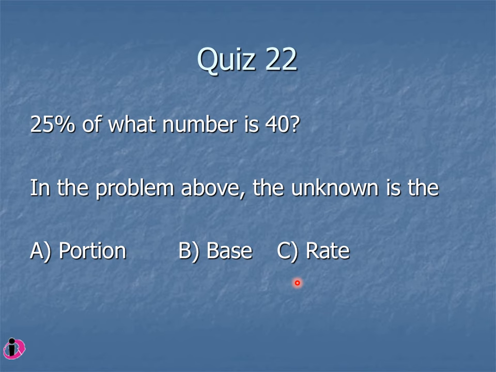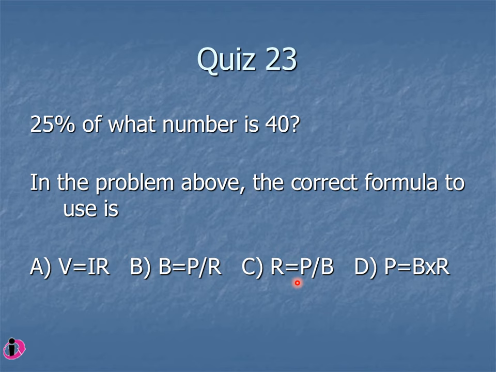Yeah, the base is unknown, right? So the right answer is B for this part. Now, what formula are we going to use out of these four? We don't know the base, right? So we'll be using B, because that's the formula for the base. Your base is at the left side.